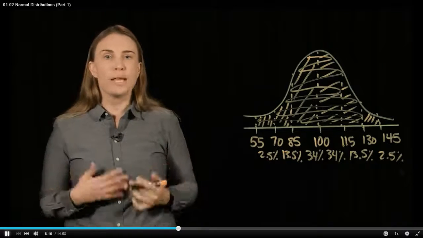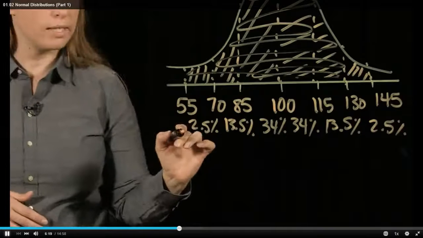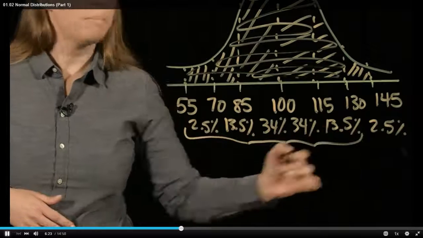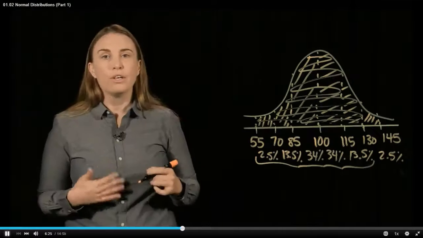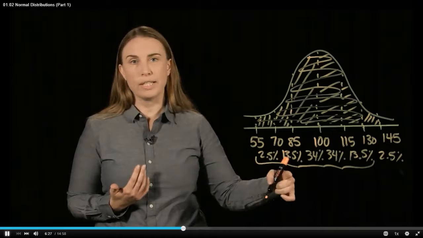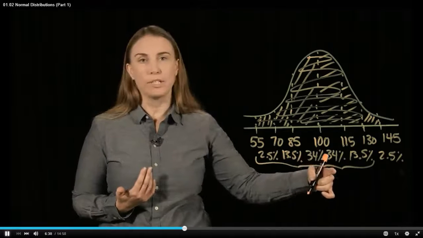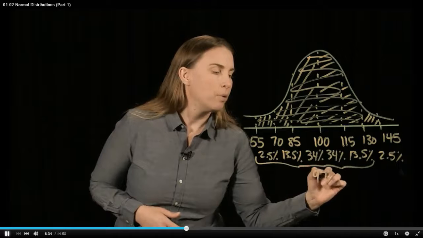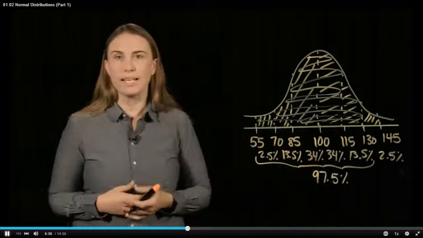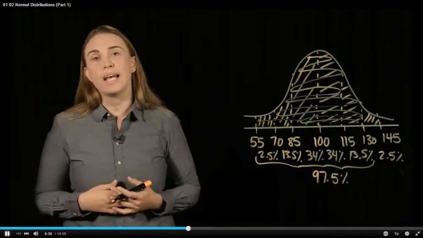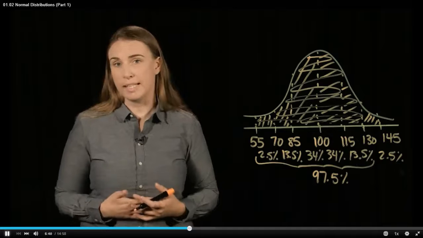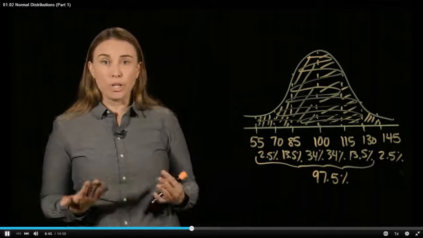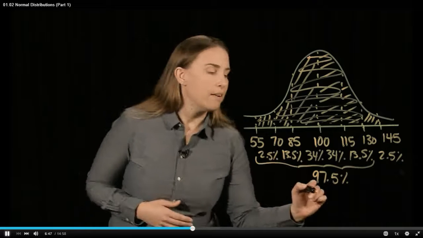So we add up the percentages, 2.5 plus 13.5 plus 34 plus 34 plus 13.5, which adds up to 97.5%. This means there is a 97.5% chance that someone has an IQ less than 130. This also means that your IQ is in the 97th percentile.